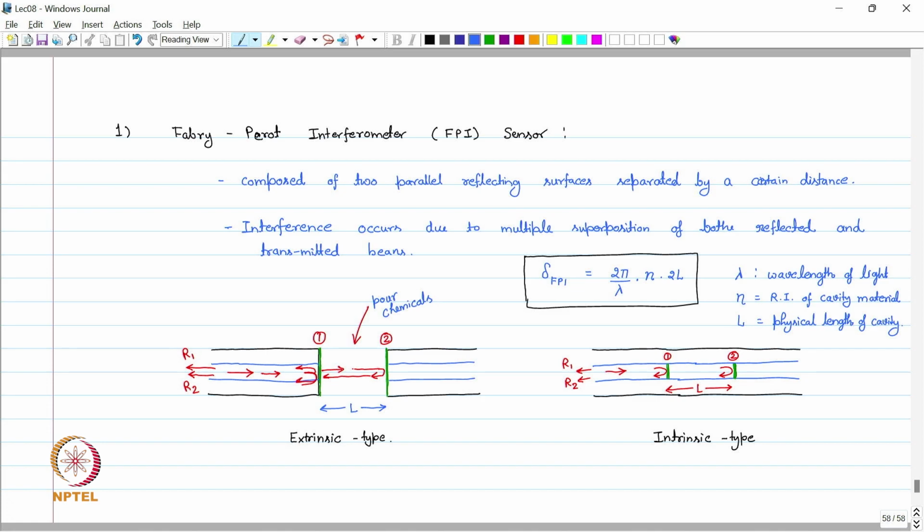So this is the formula for getting how much phase shift we get.